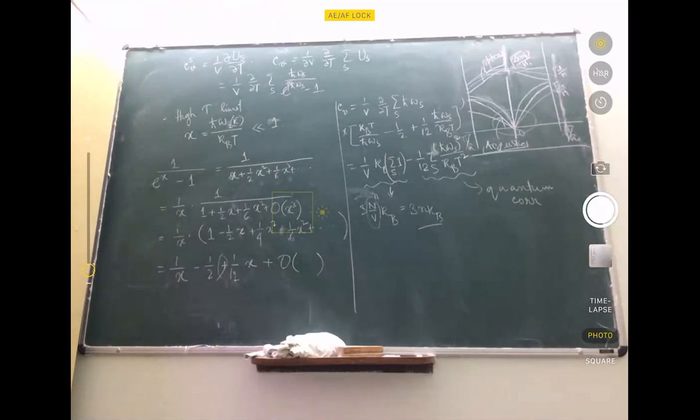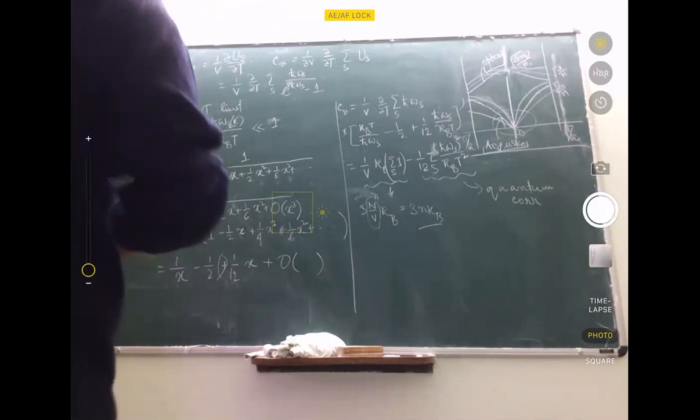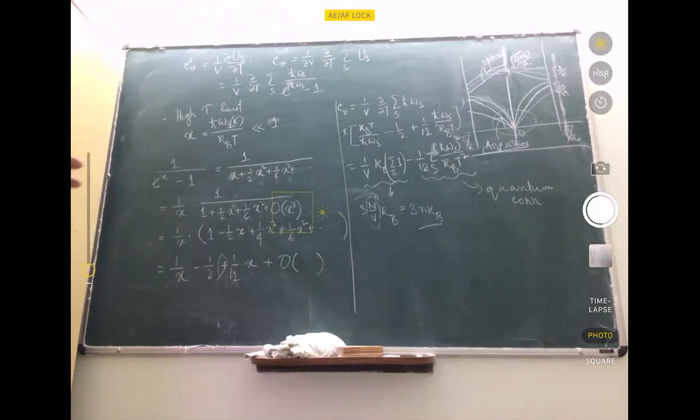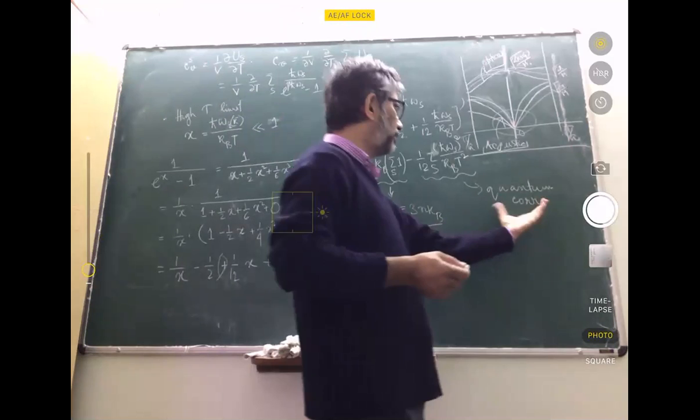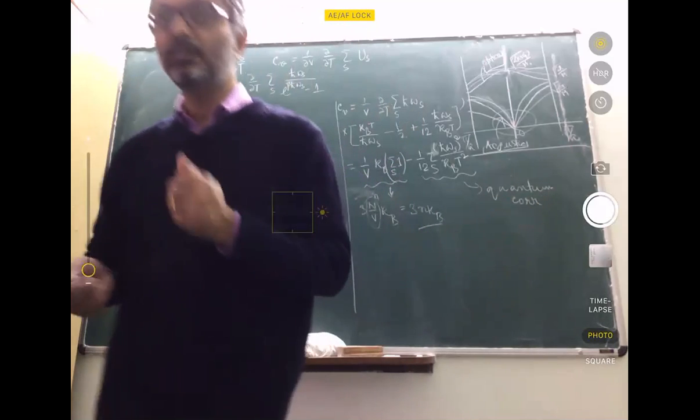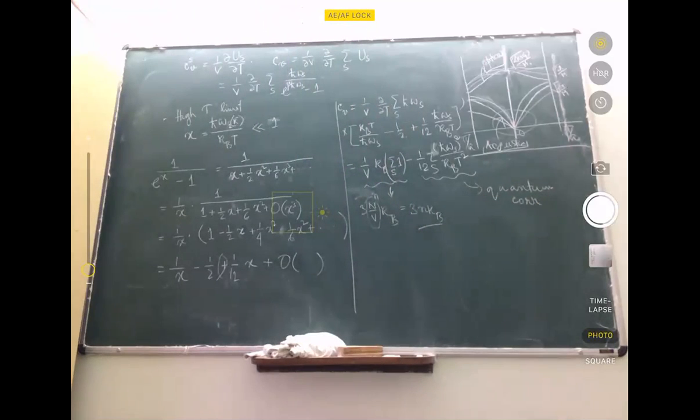And in that situation, the harmonic approximation is not a good one. You have to go beyond harmonic approximation. So basically, the anharmonic effects become more important, and so you don't really pick up this contribution. I mean, that's not the significant correction to the classical result anymore. The anharmonic effects are more important. So we'll see the consequences of an anharmonic effect maybe in the next lecture. So that's it. That's what you get at high temperatures.